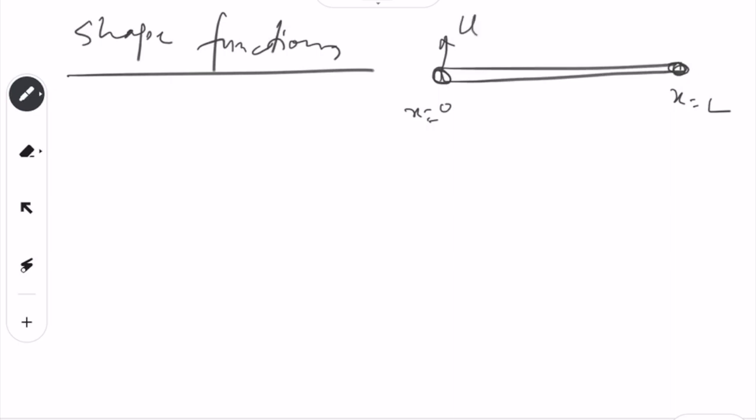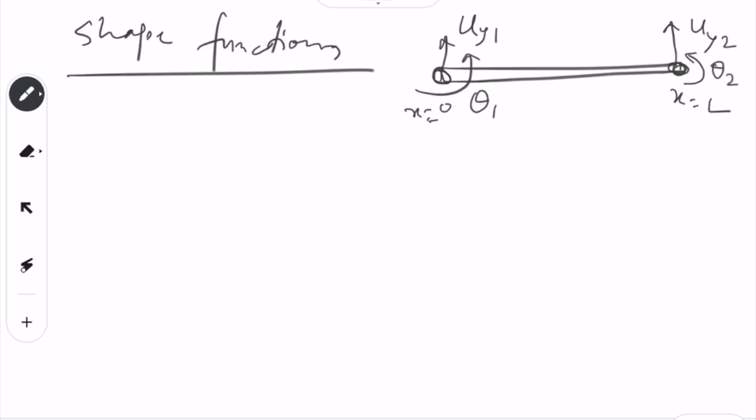Here we have uy1, here this is uy2, and then we have the angle, not bending moment. Let us call it theta 1, and this is theta 2.